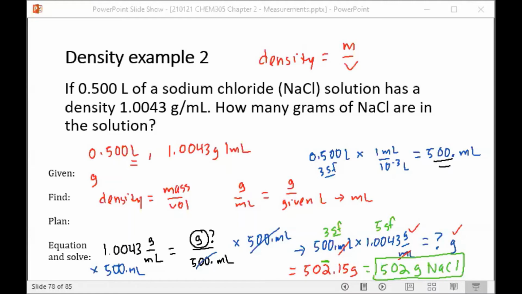So we had to convert our substance volume from 0.5 liters to milliliters so it matched the same volume units as in our density. And then we set the equation up where we had our density equals mass over volume, and we plugged in the known volume of our solution, and we solved for the mass of the solution, which was the mass in grams. And then the final step was to check for the correct number of sig figs.